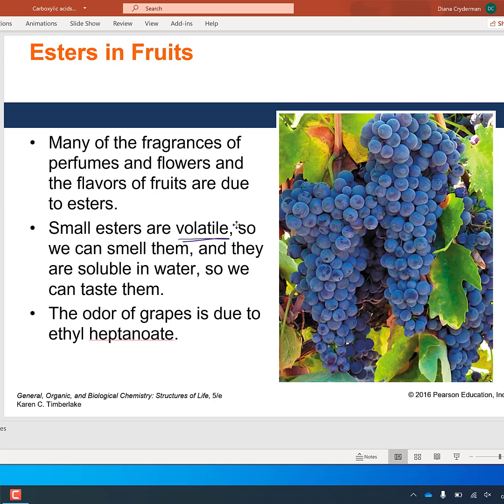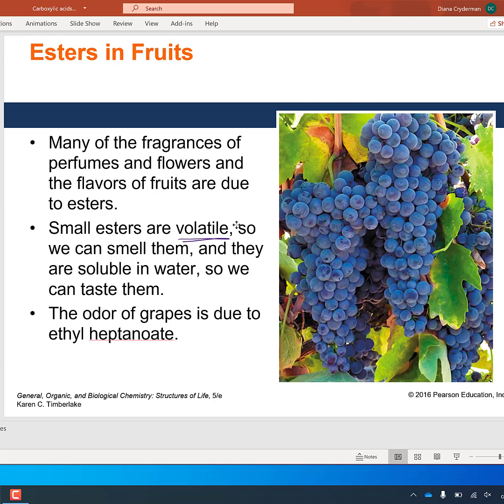So that means that it's really quite easy for them to get up and leave into the atmosphere, into the air. Otherwise, of course, they would not get into our olfactory sensors in our nose. They are soluble in water, and so we will be able to taste them.